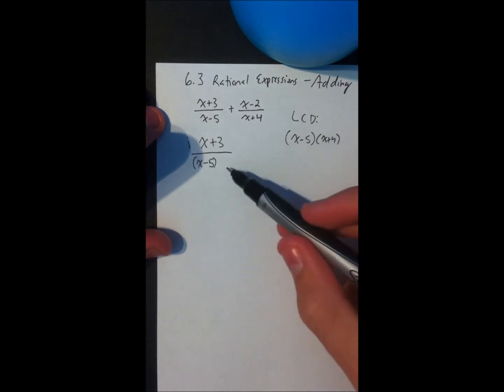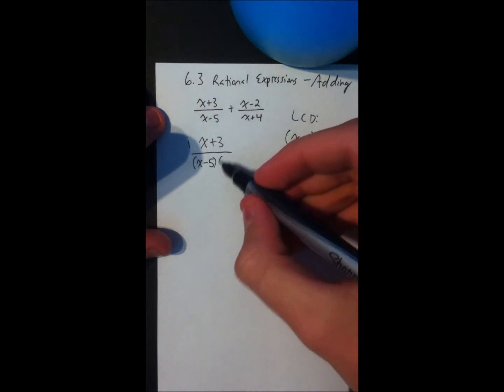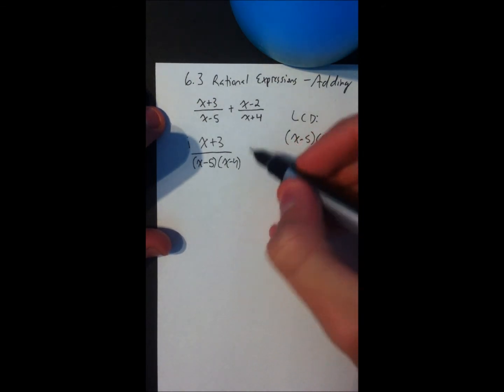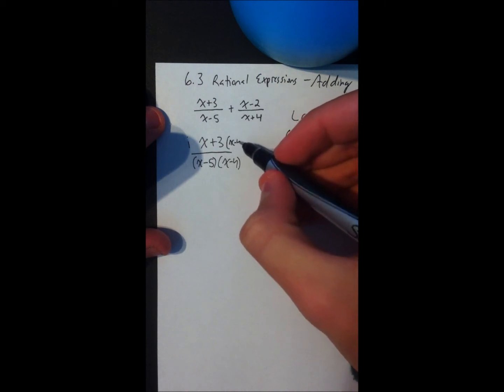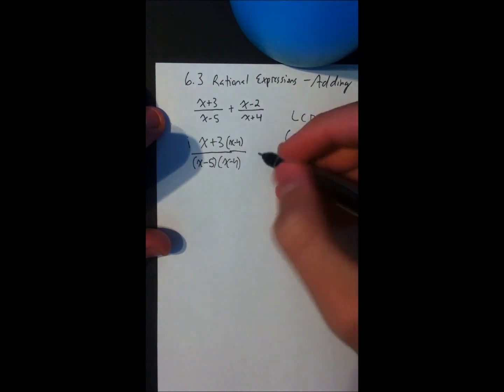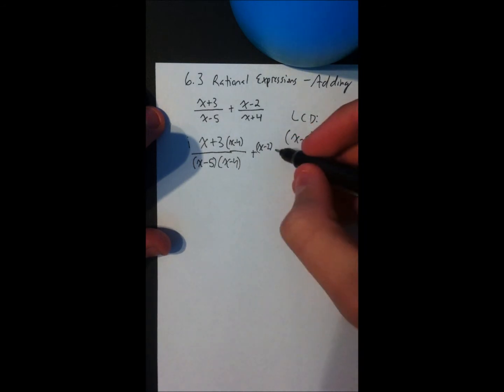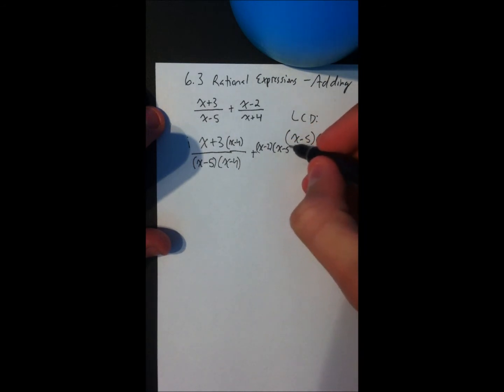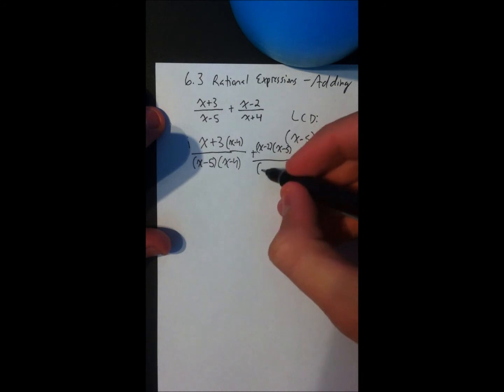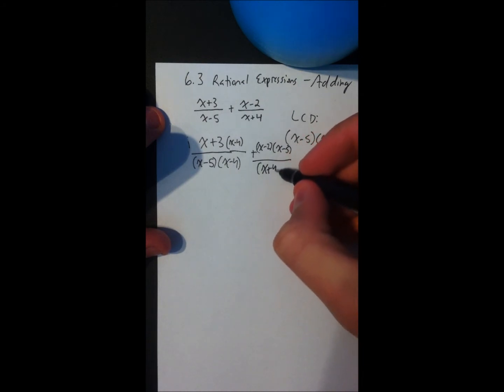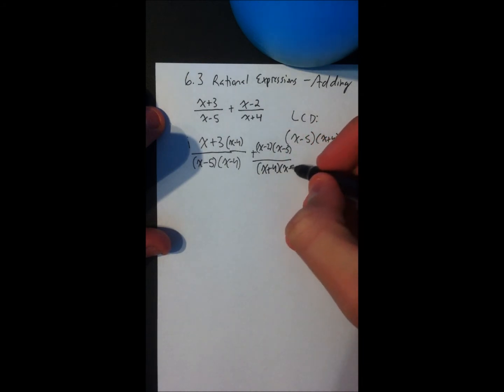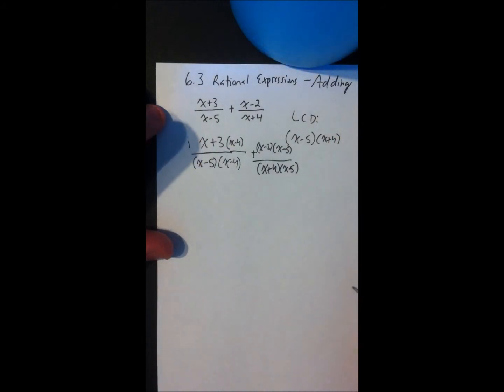And since this does not have x minus 4, then we multiply it with x minus 4 and x minus 4. And do the same thing for the other one. There's step 1.